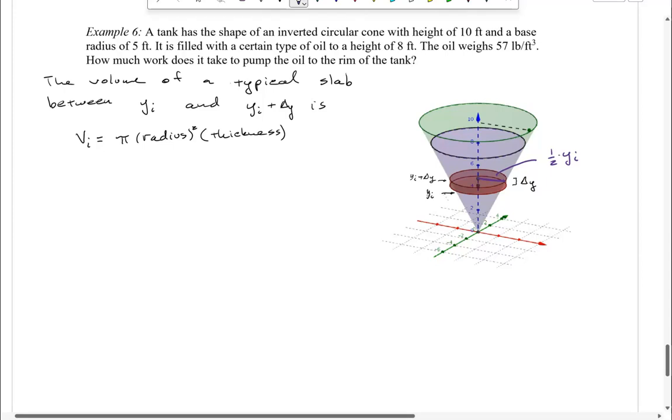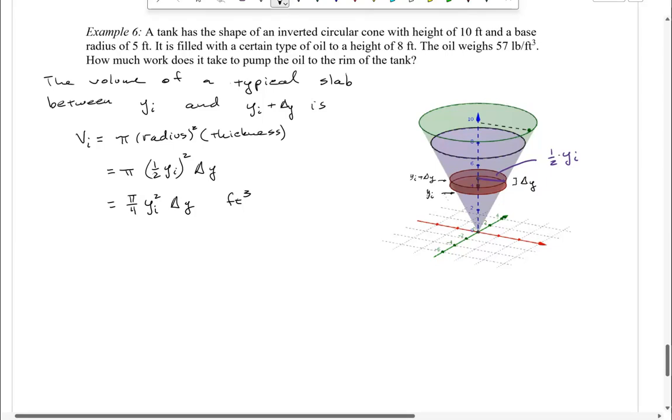We have a similar triangle down here to the triangle that we get from the entire cone. So that's going to give us our radius, which is good because now we can say that V sub i is equal to pi times (1/2 y sub i) squared, and the thickness is delta y. So maybe we rewrite that as pi over 4 y sub i squared delta y, and that's going to be in cubic feet.